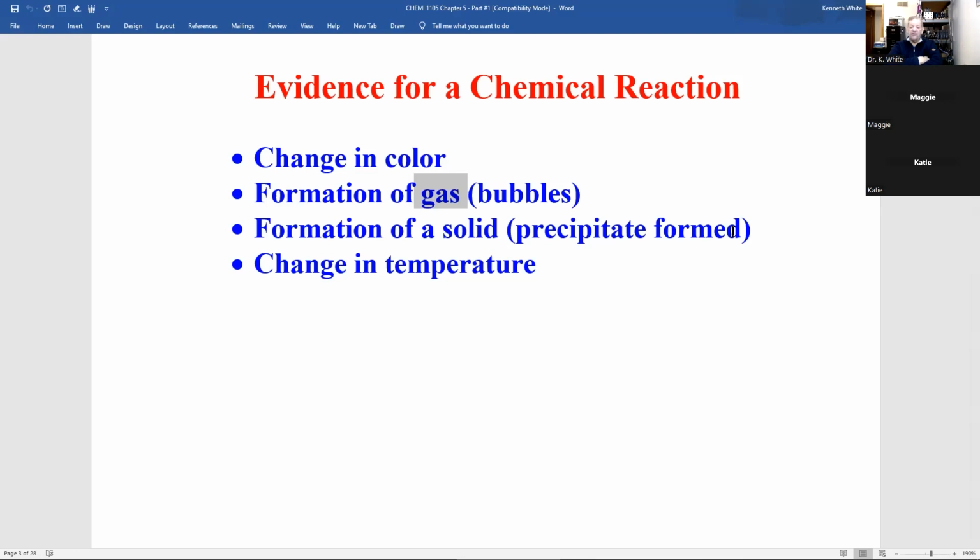Well, if those chemicals are both liquid, when you pour them together, you see a solid. Now, we call that in chemistry a precipitate. So, when you mix two things together and you form a new solid in solution, a liquid, we call that a precipitate.